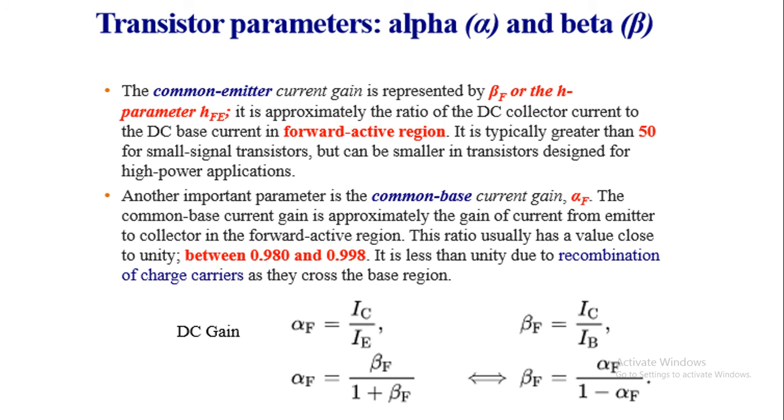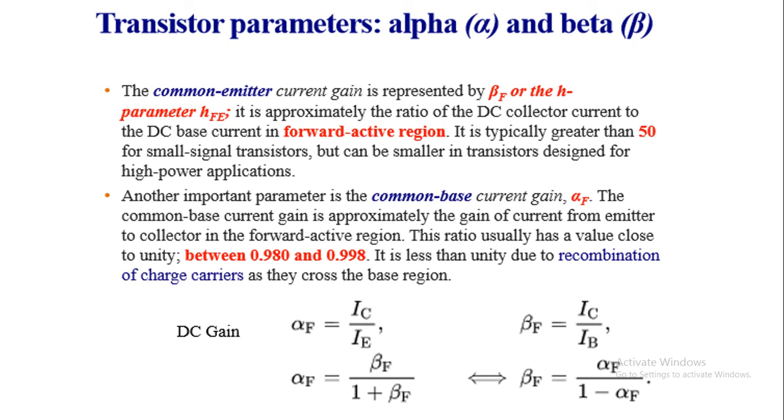It is typically greater than 50 for a small signal transistor but can be smaller in transistors designed for high power applications. Another important parameter is the common base current gain, alpha F. The common base current gain is approximately the gain of current from emitter to collector in the forward active region.